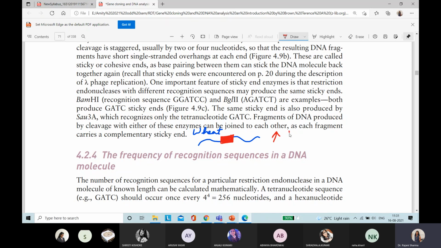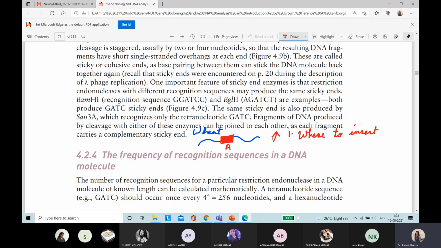Now the first question is where to insert. For that you can go for BLAST first from the NCBI, or simply you will find that this is the site where, if this gene is inserted, we will have a rise in the yield.